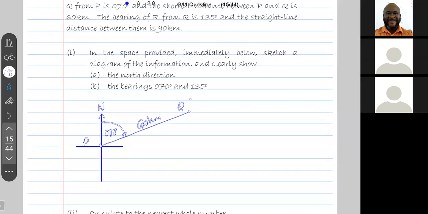So I'm taking my bearing from Q. So at Q, I'm going to draw my north, south, east, west line. North.